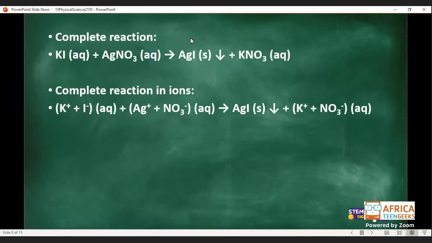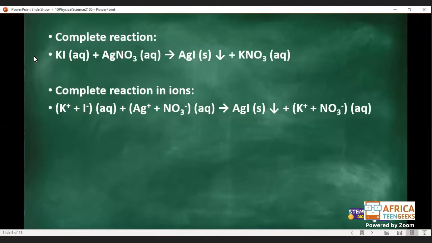Now, the second that I get a precipitate, I cannot split it into its ions. Because when I try and dissolve this thing in water, it's not going to split into its ions. That's why it doesn't dissolve. The reason why I can write potassium iodide as its ions is when I do put it in water, it literally dissolves and it becomes these two ions. Remember, guys, that is why we call it an electrolyte.